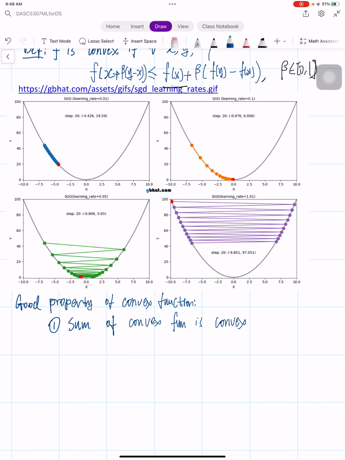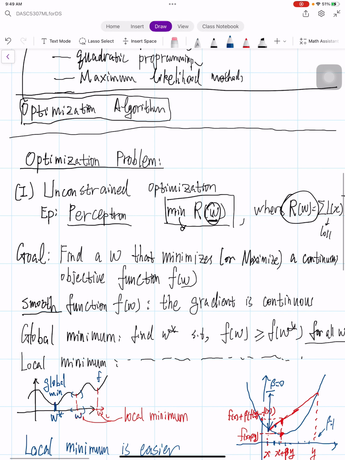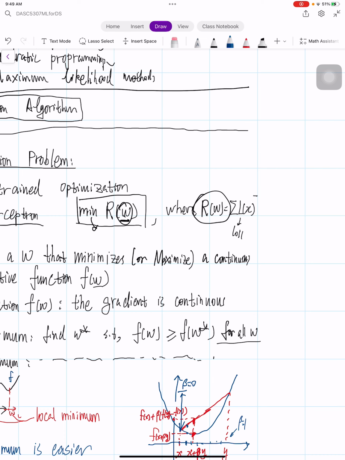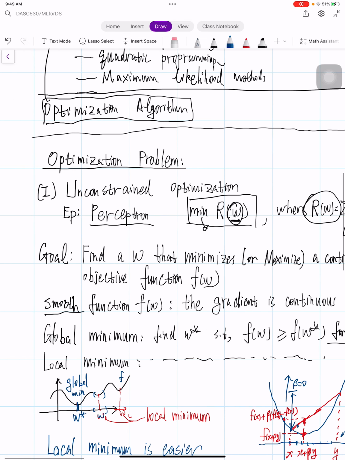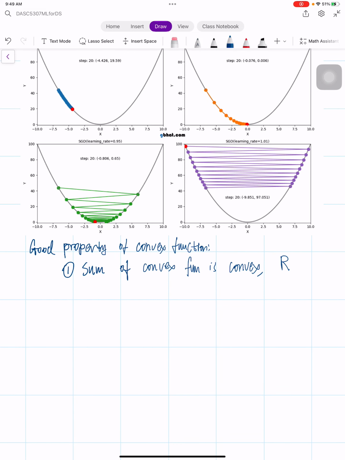For example, when we solve the perceptron problem, each of the losses is convex, and the risk is their summation. So this risk function is also convex.